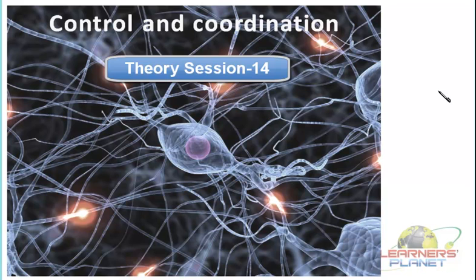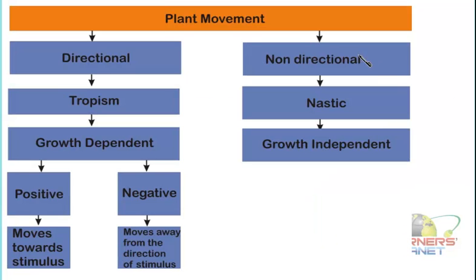So now let us summarize it, and then we will go into detail about each type of movement. Plant movement is observed in a particular direction. These are stationary organisms, so of course a part of the plant is going to show a response to a particular stimulus.